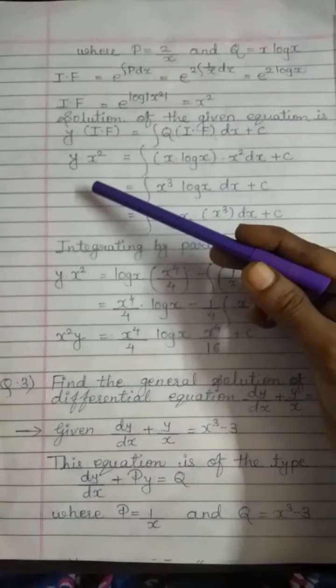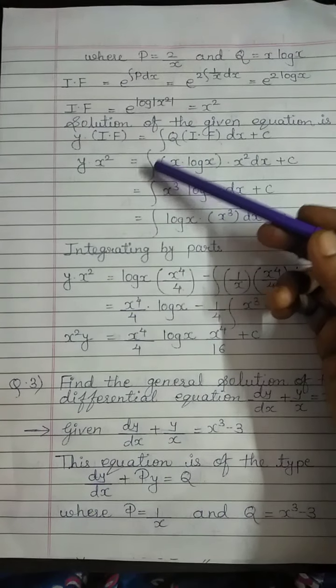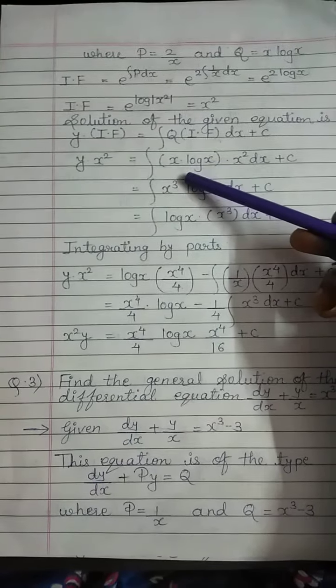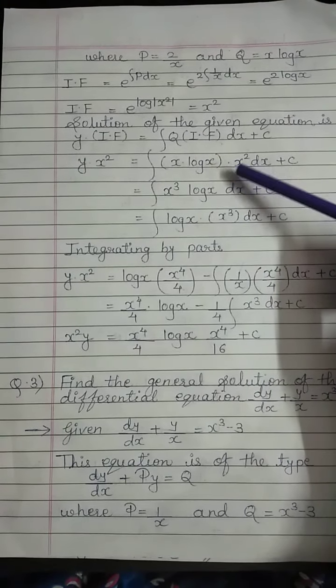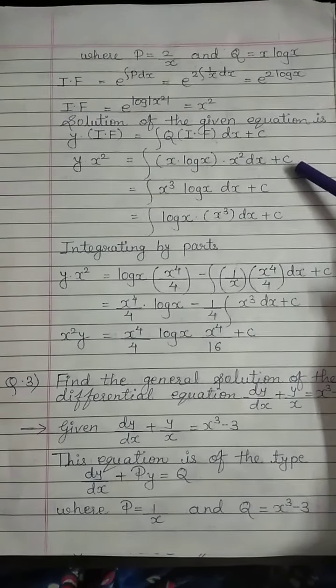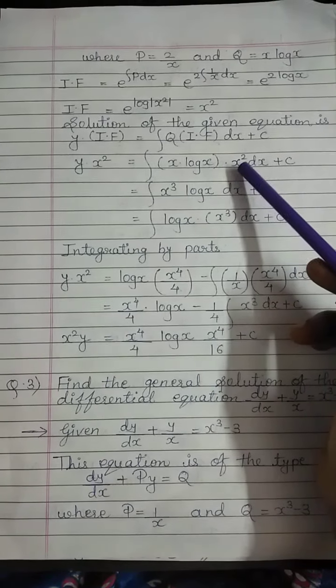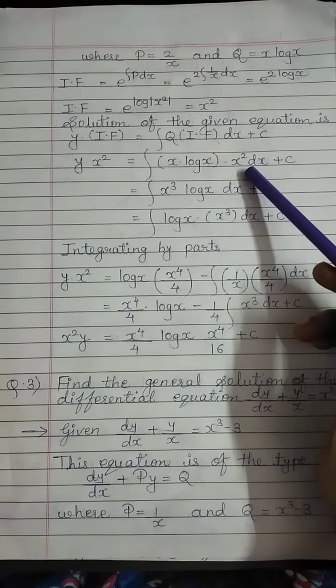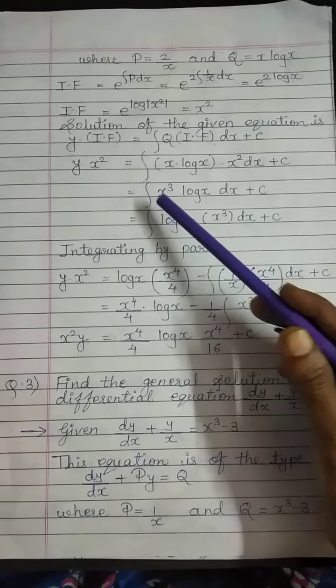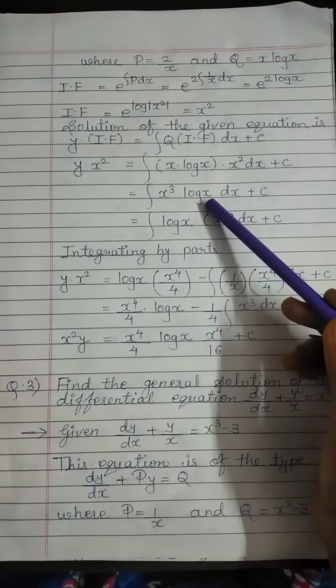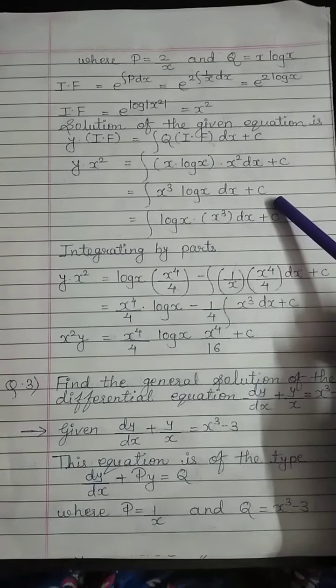So we have y into x square is equal to integration of x into log x into x square dx plus c. Now we are going to open this bracket by multiplying the term x square which is present here outside. So we have integration of x cube into log x dx plus c.